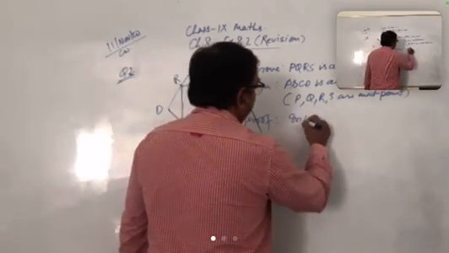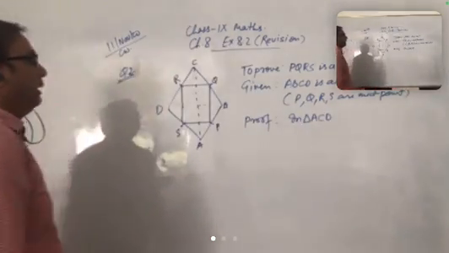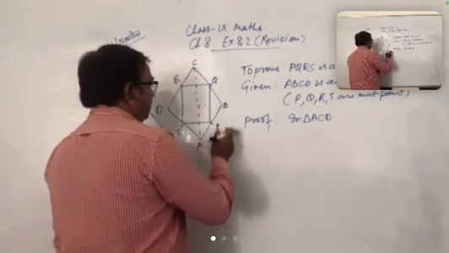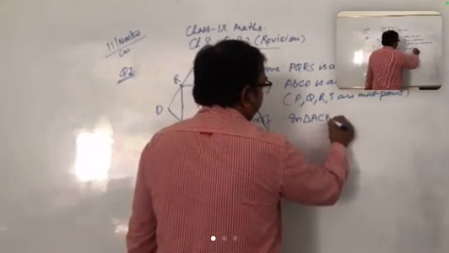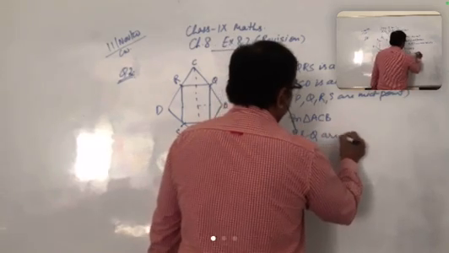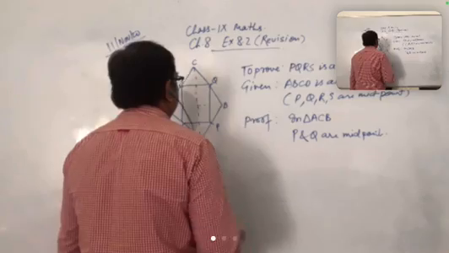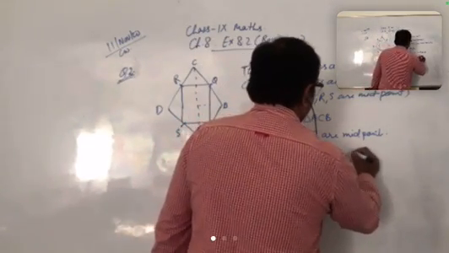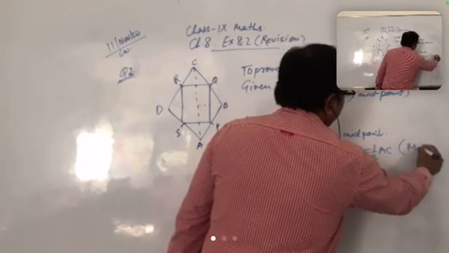We can write in triangle ACD, or first we write ACD, then the second one, or if you want to start with ACB, you write with ACB. Now P and Q are the midpoints. So PQ is parallel to AC and PQ is equal to half of AC. This is by the midpoint theorem.